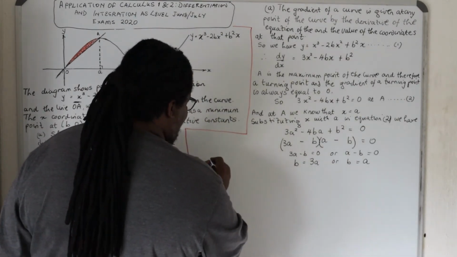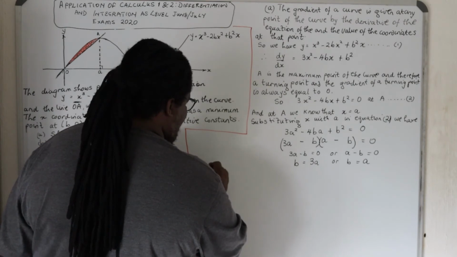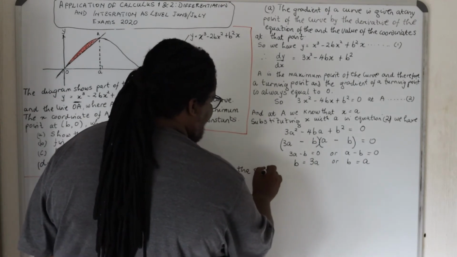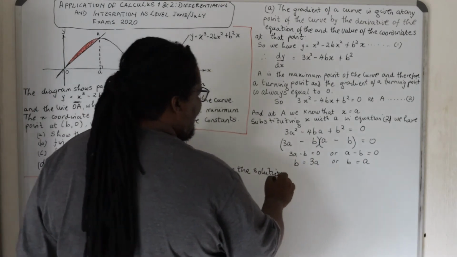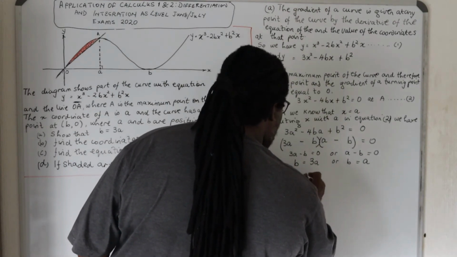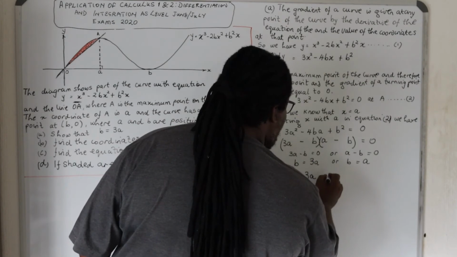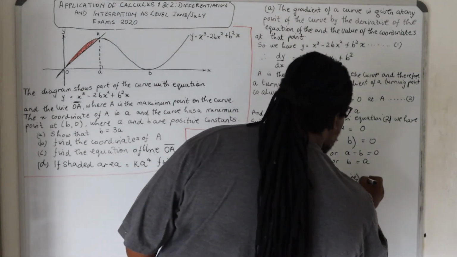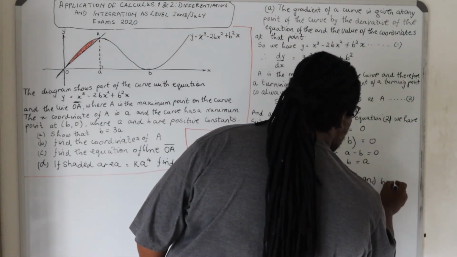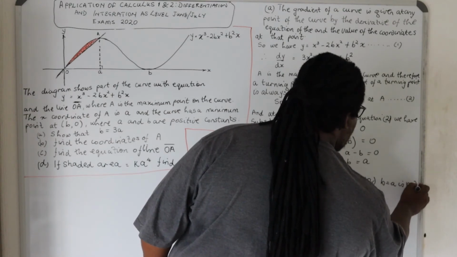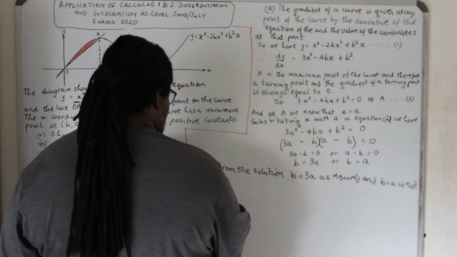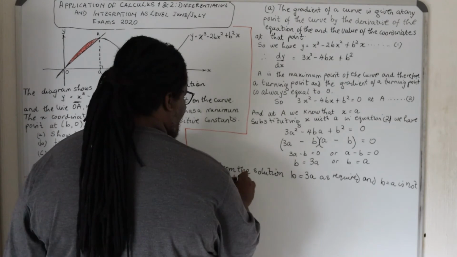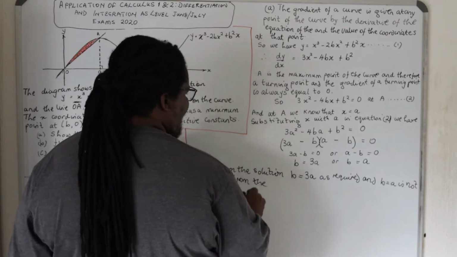We can therefore say, from the solution, b is equal to 3a as required, and b is equal to a is not feasible from the diagram.